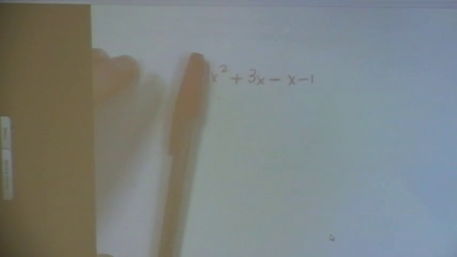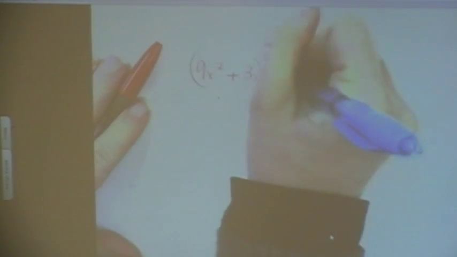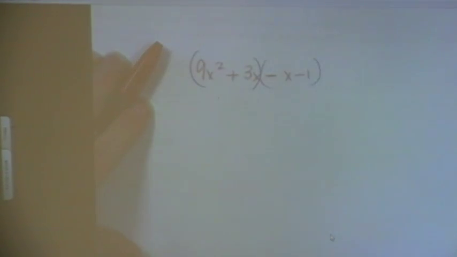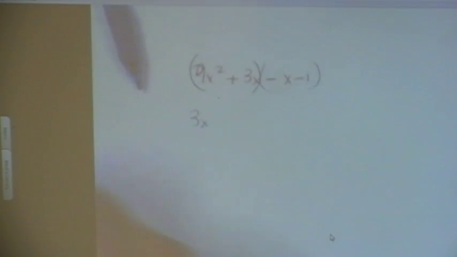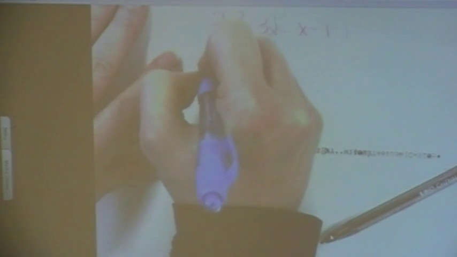Nothing in common in all of these, so I'm going to group. This first one, when I factor out, I'm going to factor out a 3x. Oh, I messed it up. Okay, do-over. Sorry. 3x squared plus 3x. That'll work. Alright, so I'm going to group this first one. That would be a 3x in common. And that would leave me x plus 1.